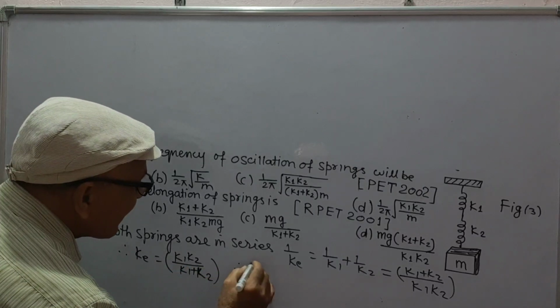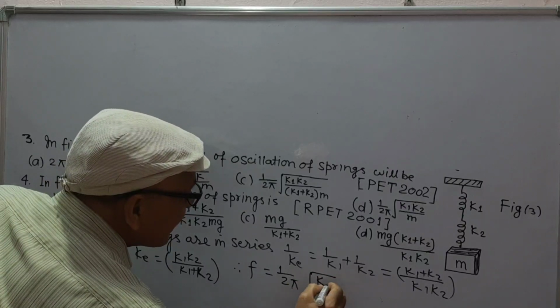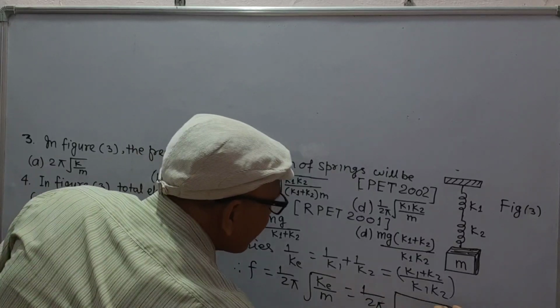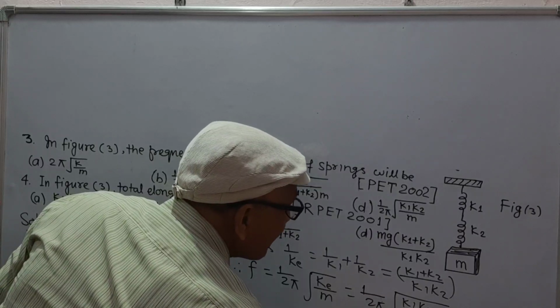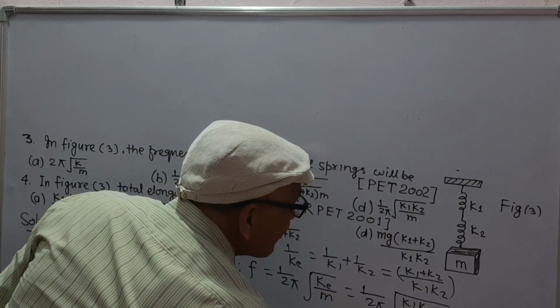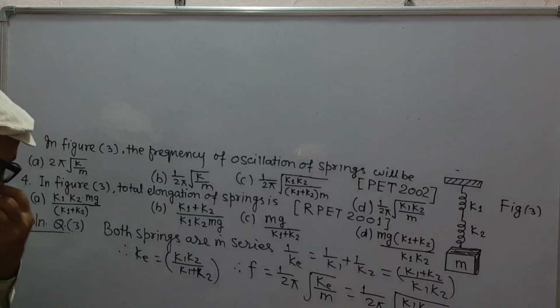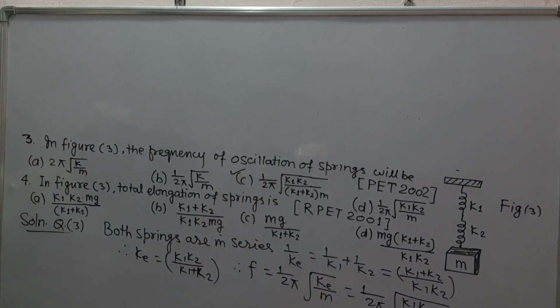Therefore, frequency of oscillation will be equal to 1 upon 2 pi under root K effective upon m, which is 1 upon 2 pi under root K1 K2 upon m into K1 plus K2. So, the correct option will be C, 1 upon 2 pi root K1 K2 upon K1 plus K2 into m.